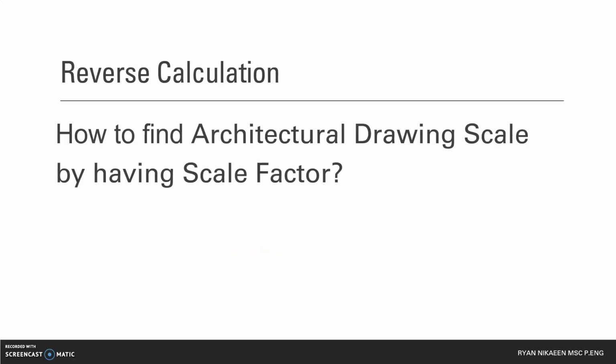Now the question is this: what about the reverse calculation? How to find the architectural drawing scale by having the scale factor? I know you have a lot of questions in your mind about why I'm doing this, but bear with me, and in a few minutes you will see why.